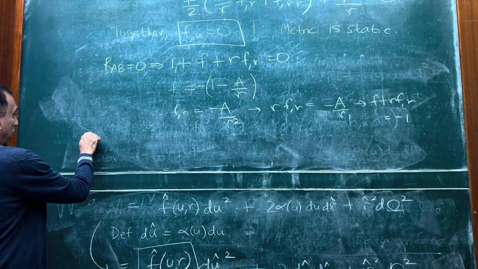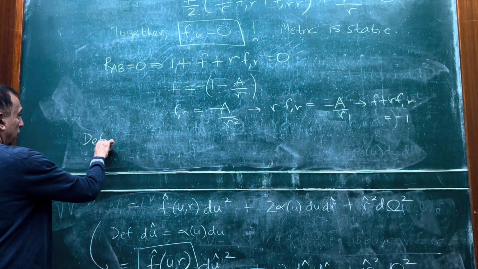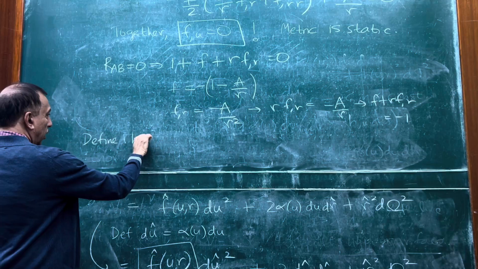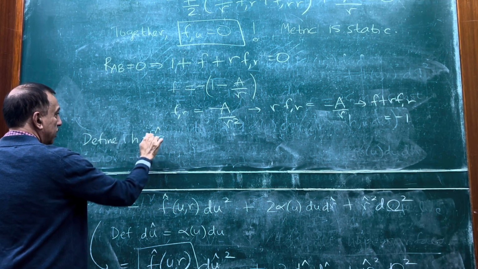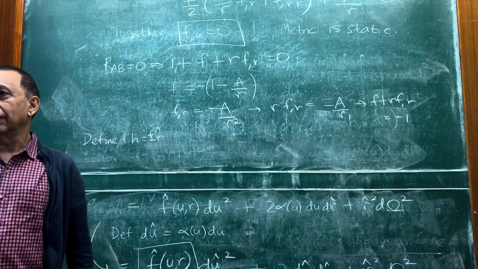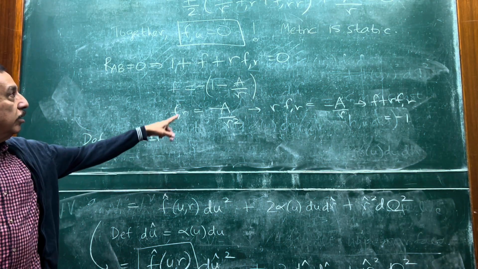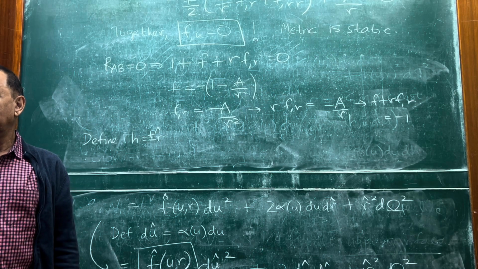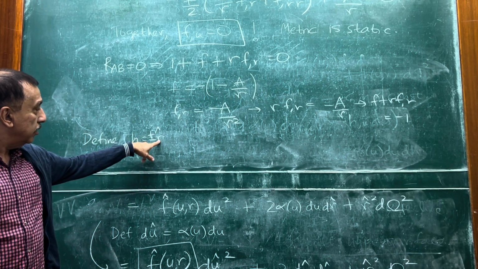We defined h equals a new coordinate r hat, but I should have said h is plus or minus r hat. Both are possible, because both of them make the last term r hat squared d omega squared. So if I did plus, actually it's not a mistake.